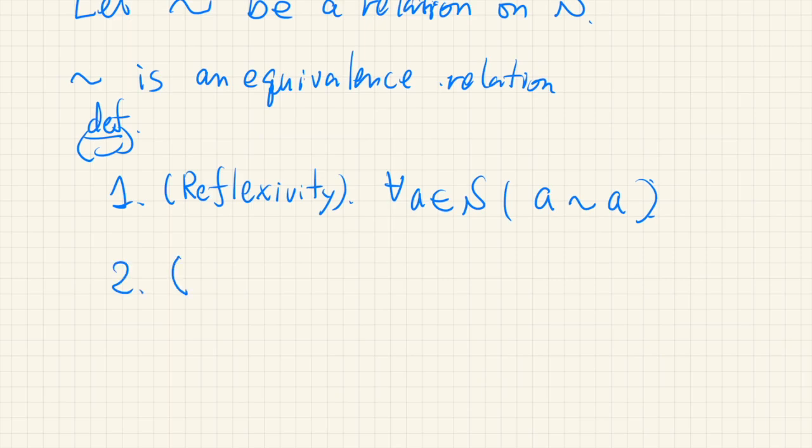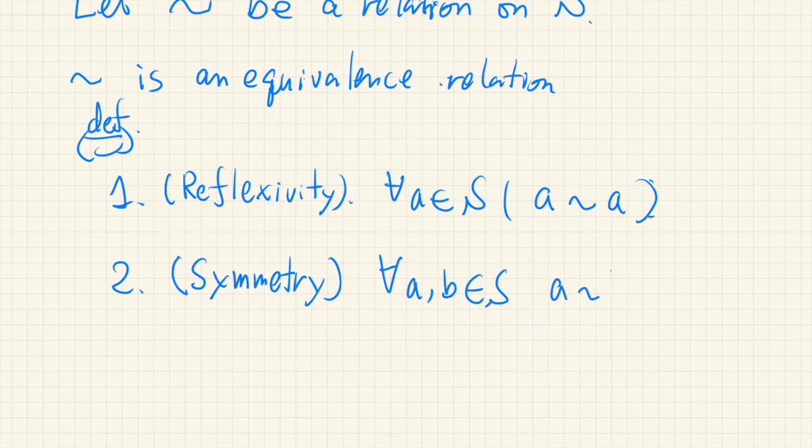And second is symmetry. That is, for all elements A and B in S, if A is related to B, then B is related to A. So if we swap A and B, then we still have the same relation.